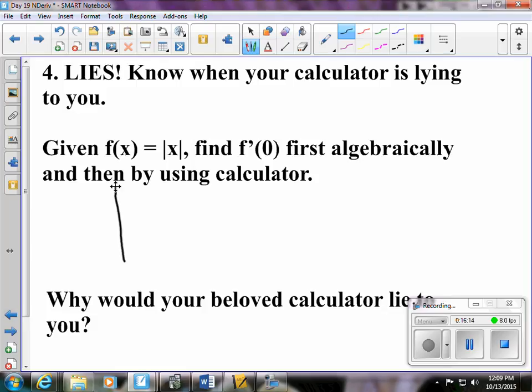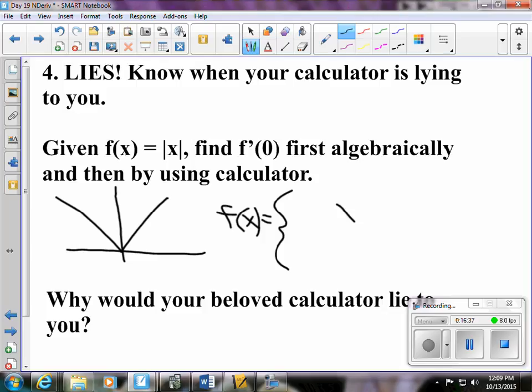And we actually talked about this one example, y equals the absolute value of x. Now, if you had to figure out what the derivative was without a calculator, you would first have to write the absolute value of x as a piecewise function.